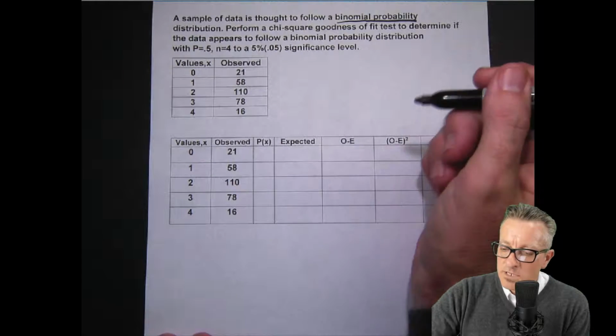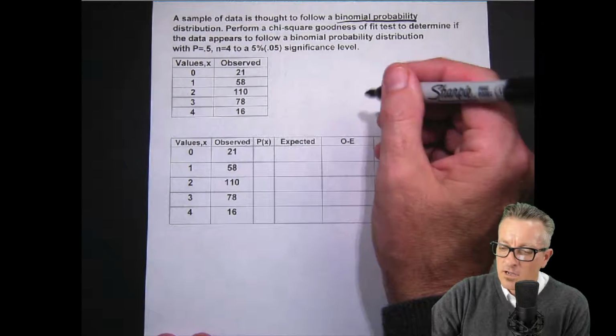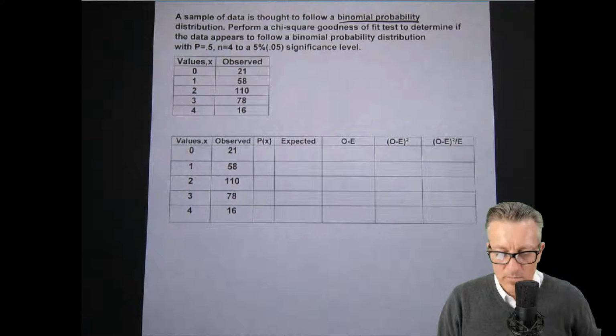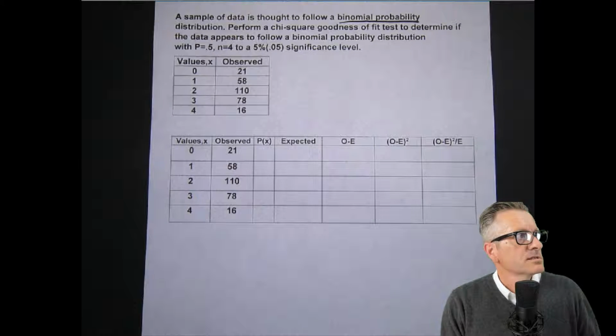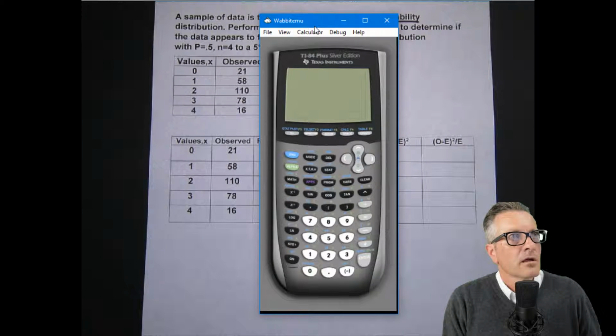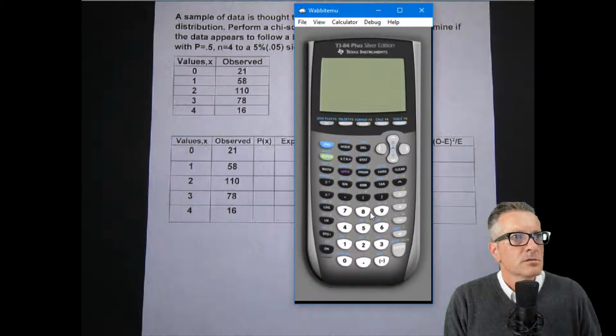So we are going to go to our calculator in this case for our binomial part here. I'm going to pull the calculator over, and we're going to do this on a TI-83/84 variant.